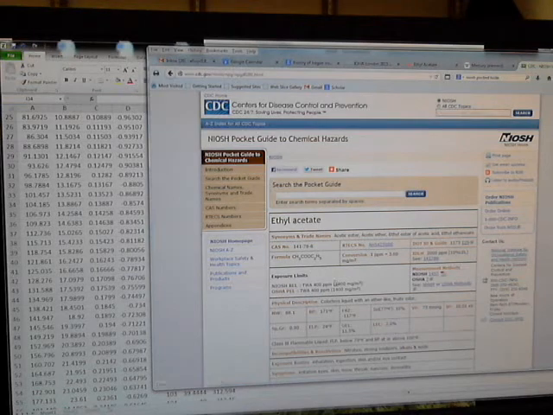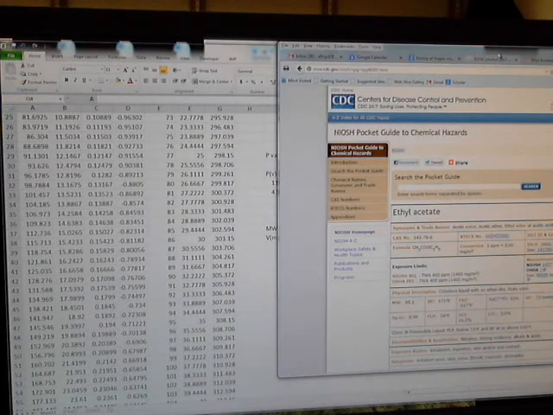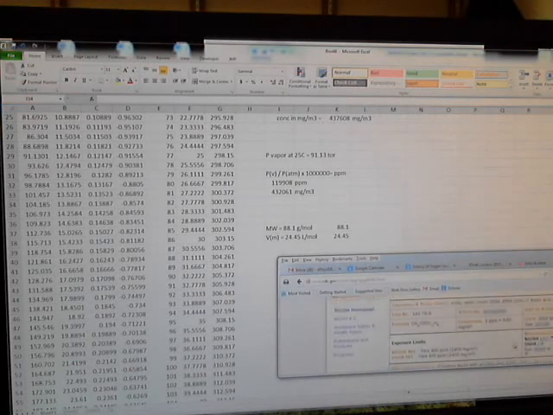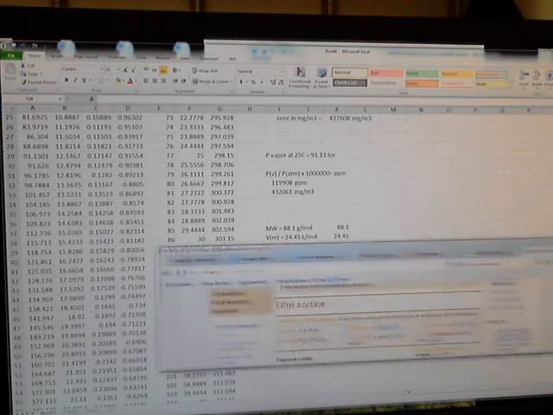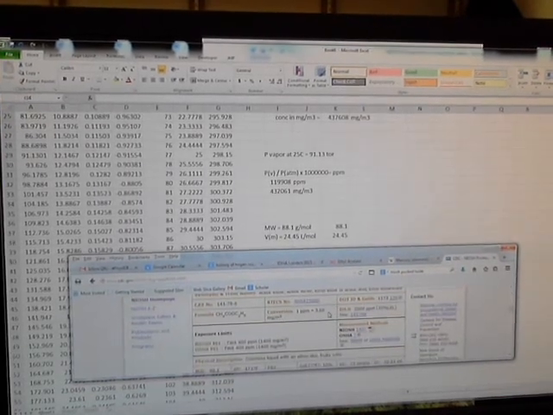Alright, so for ethyl acetate, it tells us that the PEL, the permissible exposure limit, is 400 ppm, and that's equal to 1,400 milligrams per cubic meter. This is what I was looking for. 1 ppm is equal to 3.6 milligrams per cubic meter. So there's our little factoid. 1 ppm is 3.6 milligrams per cubic meter.